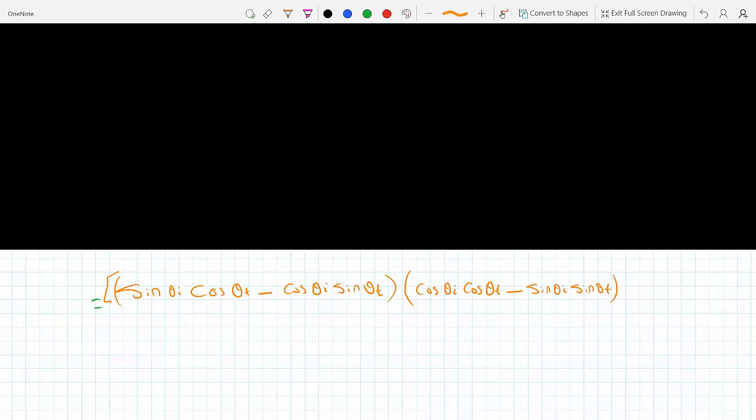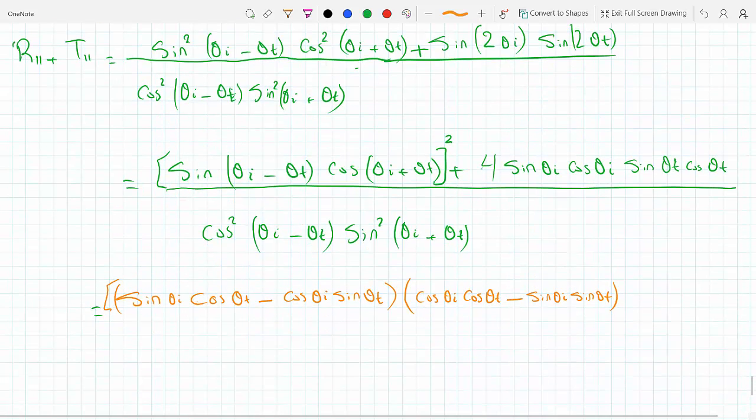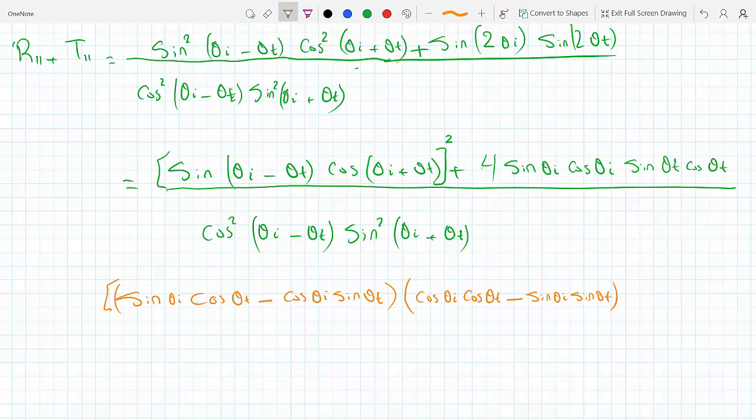Okay, so let's see here. So this whole thing is the numerator plus 4.